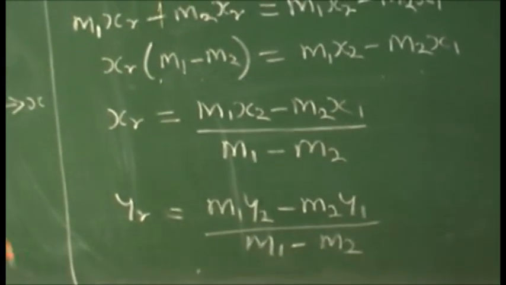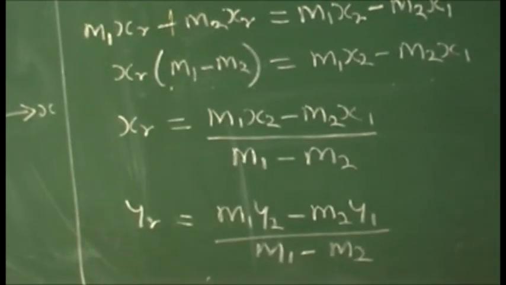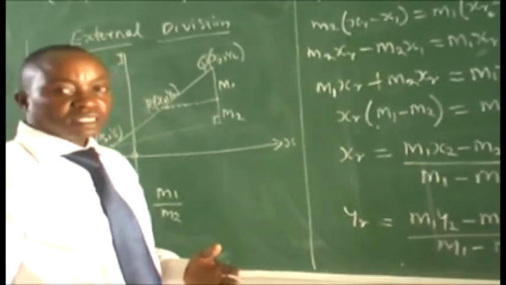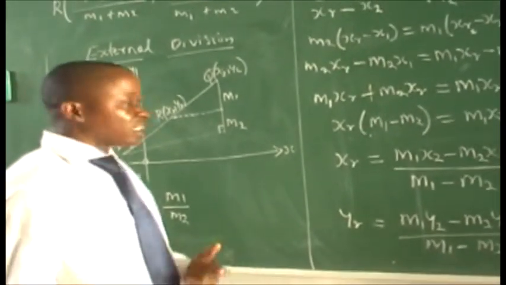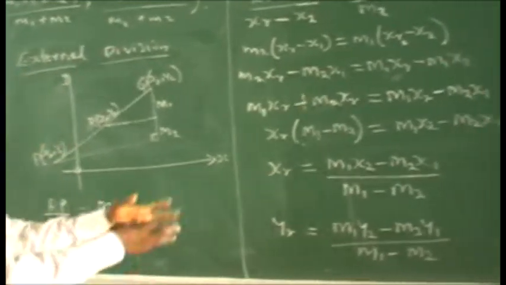So, we are going to take an example and also see how we can apply external division and how you can get external division and internal division using this formula that we have derived. Let's take the example.